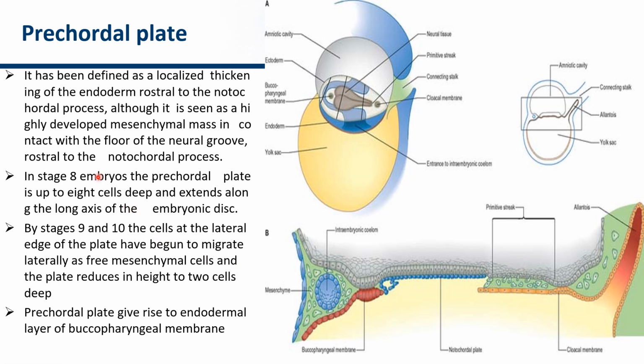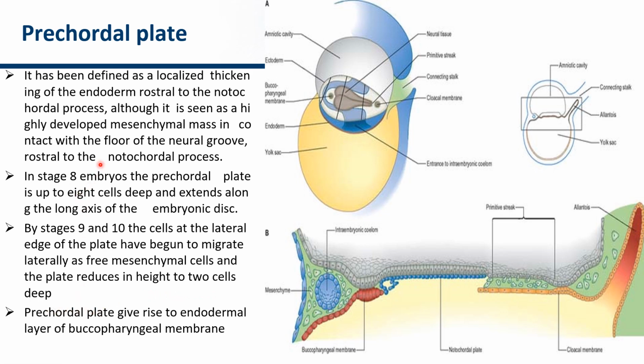In a stage 8 embryo, that is nearly day 23, the precaudal plate is up to 8 cells deep and extends along the long axis of the embryonic disc, but its height decreases later on. At stage 9 to 10 the lateral edges of the plate have begun to migrate laterally as free mesenchymal cells, and the plate reduces in height to 2 cells deep.